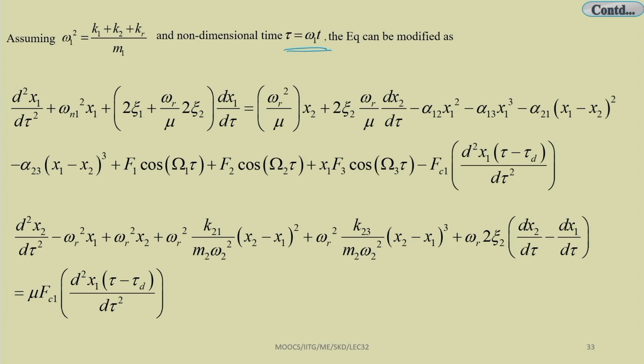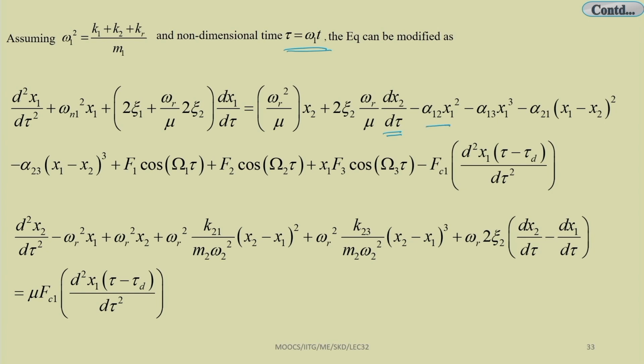So, you can write down this equation in this form: d square x 1 by d tau square plus omega n 1 square x 1 plus 2 zeta 1 plus omega r by mu 2 zeta 2 d x 1 by d tau equal to omega r square by mu into x 2 plus 2 zeta 2 omega r by mu into d x 2 by d tau and minus alpha 1 2 x 1 square.